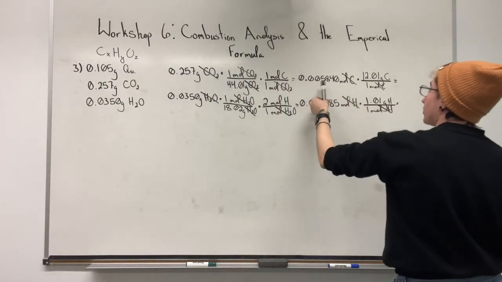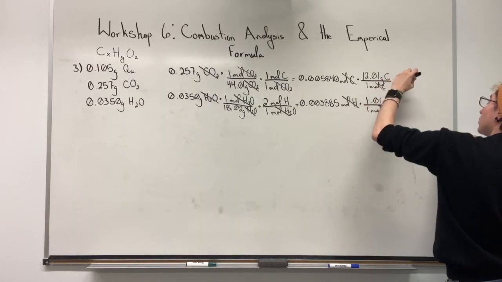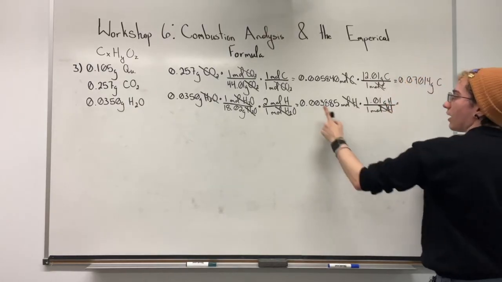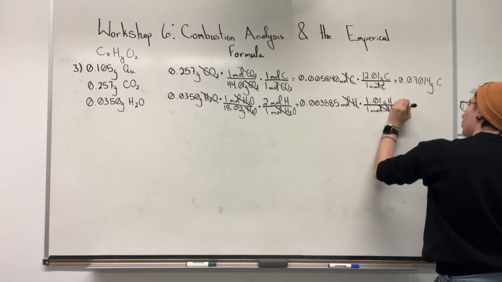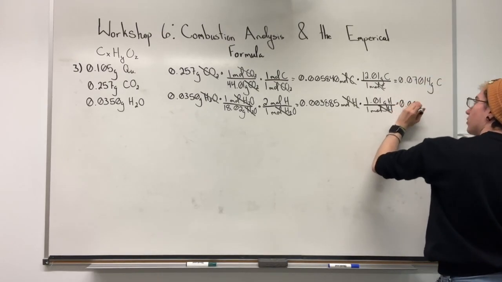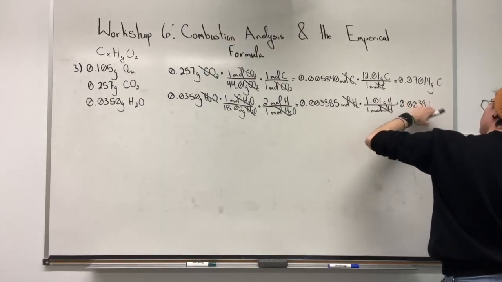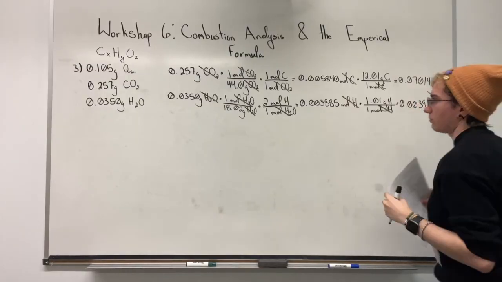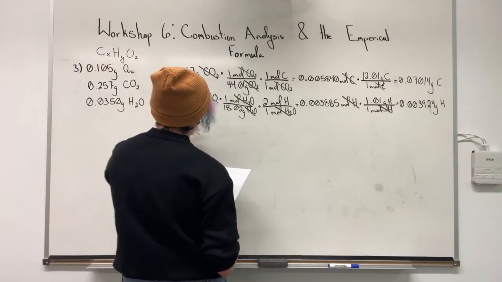And so 0.005840 moles of carbon is equal to 0.07014 grams of carbon, and 0.003885 moles of hydrogen is equal to about 0.00392 grams of hydrogen.